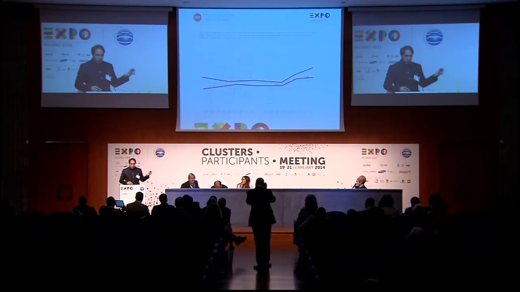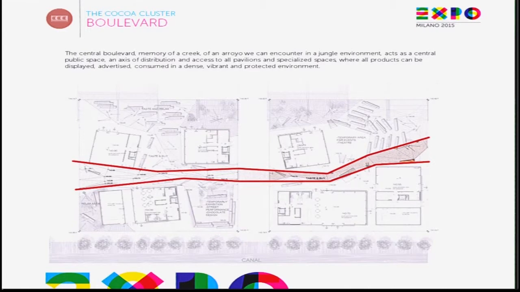This is an image showing the so-called central boulevard, this central creek. This boulevard, which is a memory of a creek, or supposed to be a memory of a creek, acts as a central public space, an axis of distribution from which you can access all pavilions and all specialized areas.